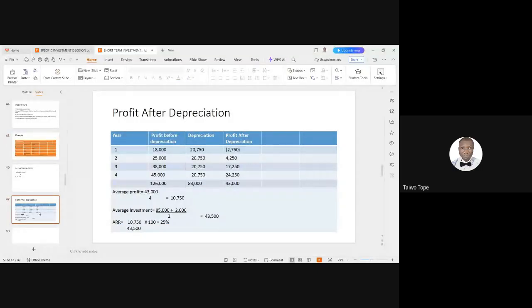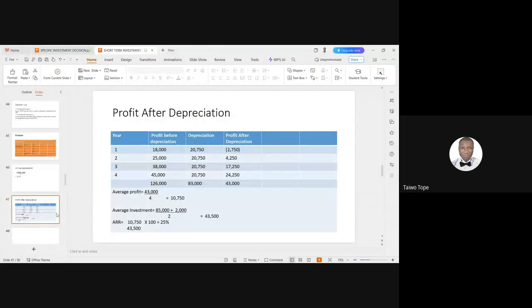The advice would be, since the project ARR of 25% is higher than the management targeted ARR of 22%, therefore the project should be accepted.